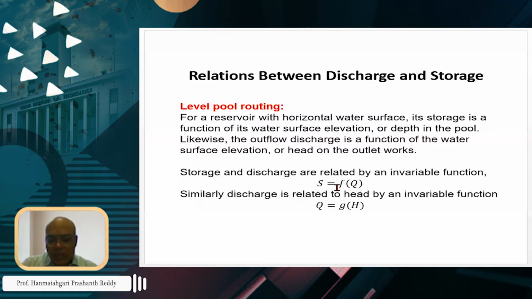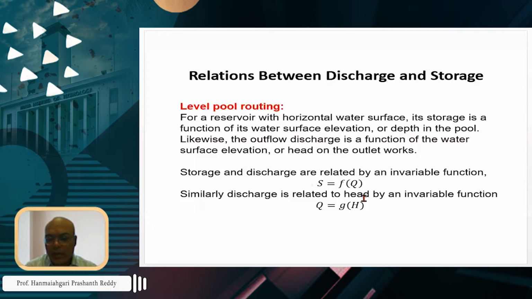And as you see, the continuity equation, dS/dt is equal to I minus Q, where S is the storage, I is the inflow and Q is outflow. This is not a linear reservoir, okay.